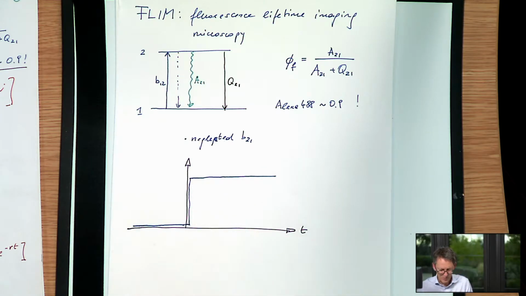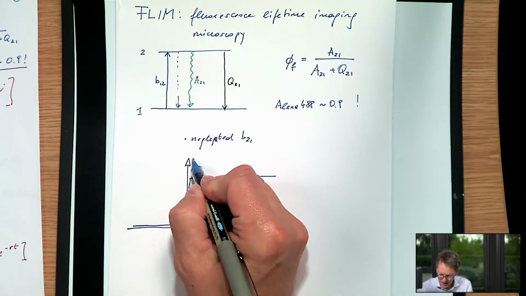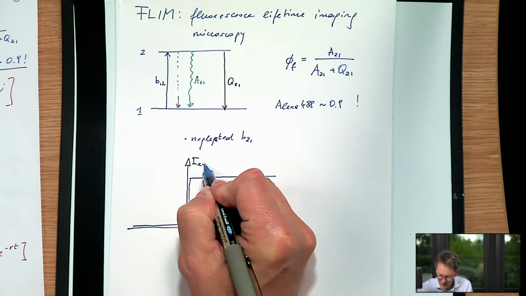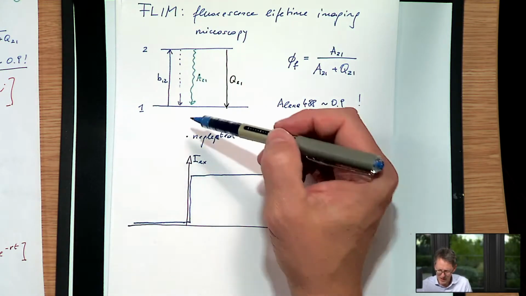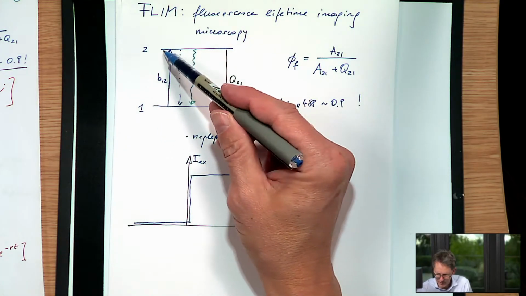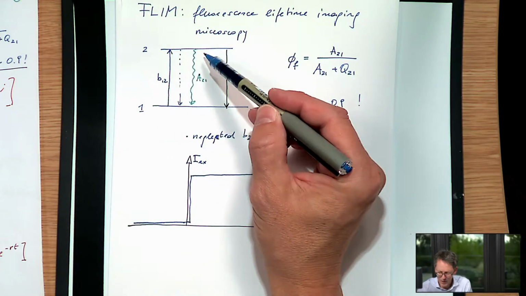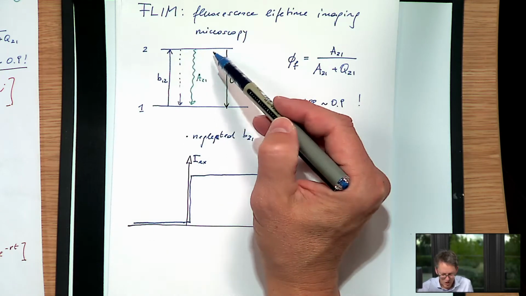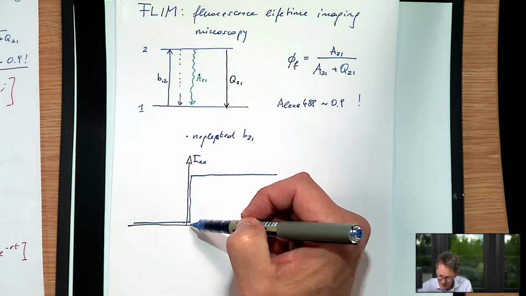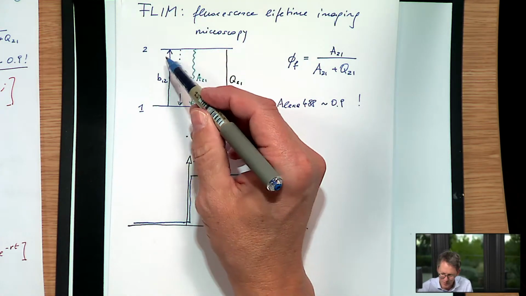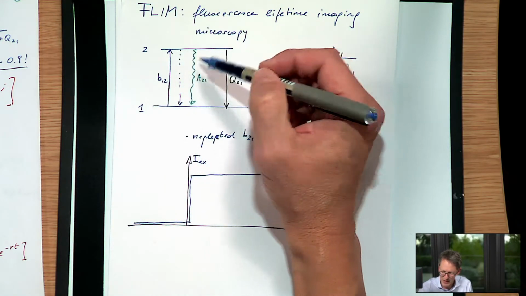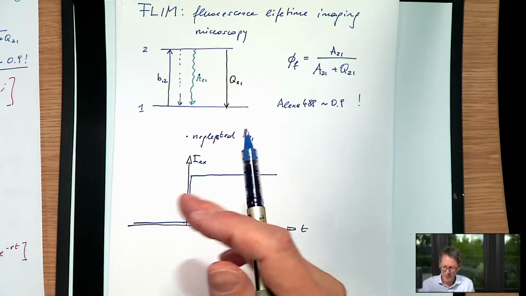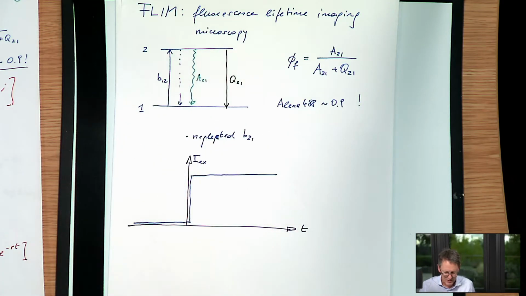It's like switching a light switch on, and the intensity of excitation, or the irradiance, is I_EX. What does the population in level N2 do? Of course, initially the population is 0, and then it will start rising because we're pumping population up until, of course, these rates here, A21 and Q21, cause this system to reach steady state.